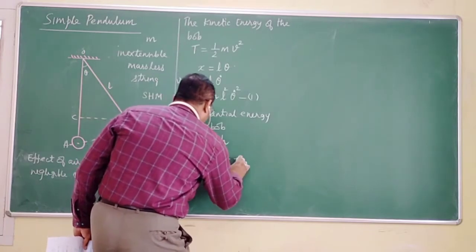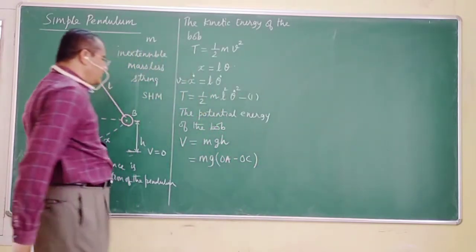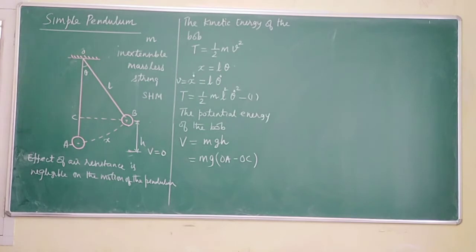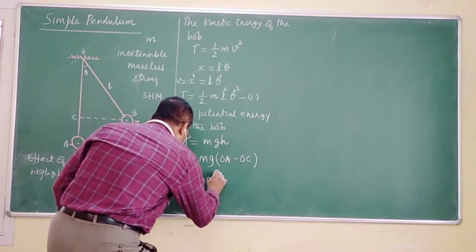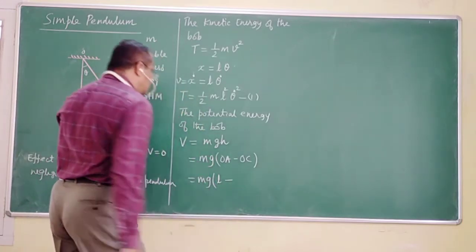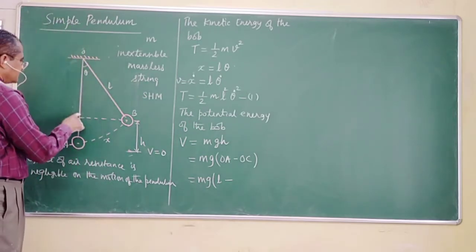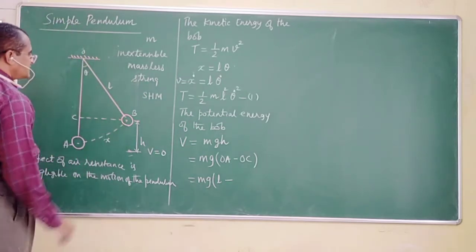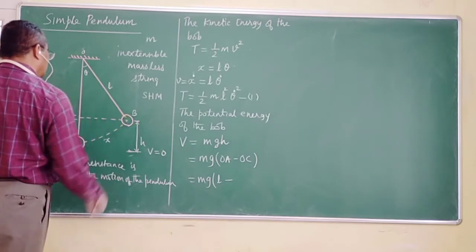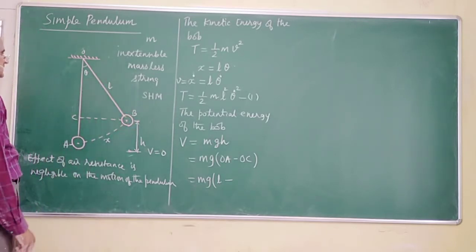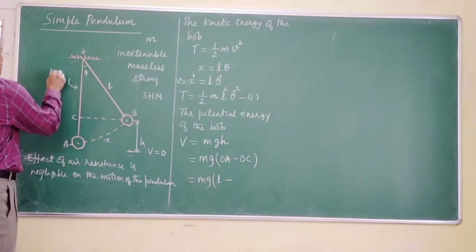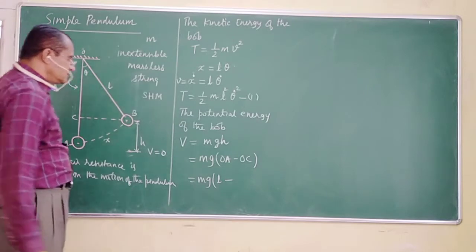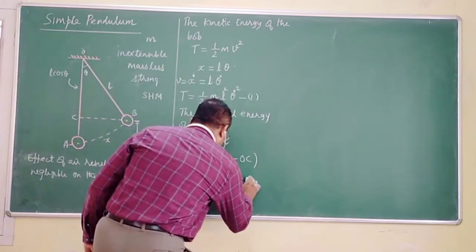Therefore, OA minus OC will be h. Now we'll see what OA is. OA is the length of the pendulum L. Therefore, mg into L minus, we want this OC. If you consider this as a right angle triangle, OC will be L cos theta. Therefore, I write L cos theta.